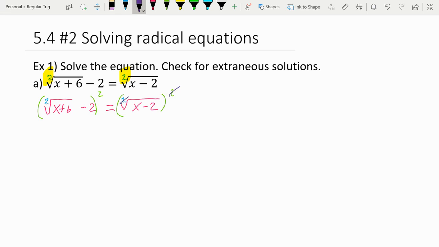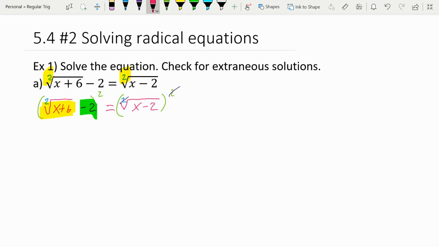That's what we want to have happen. But now over here on the left side, since we do have two terms, one under the radical and one not under the radical, we're going to have to do something a little bit different.